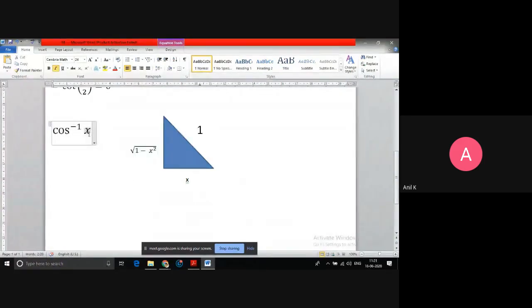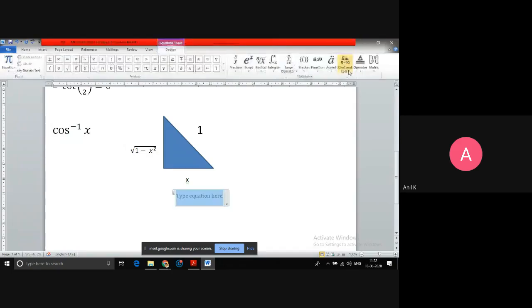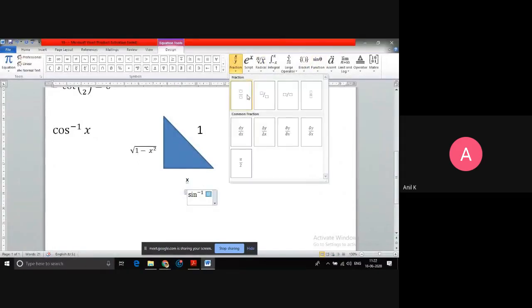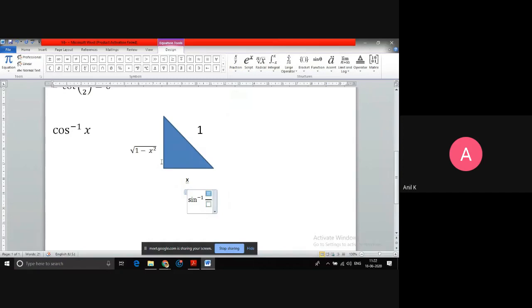The cos definition is adjacent upon hypotenuse. Sine is going to be opposite upon hypotenuse. So in place of cos inverse x, you can replace that with sine inverse. What is the sine definition?